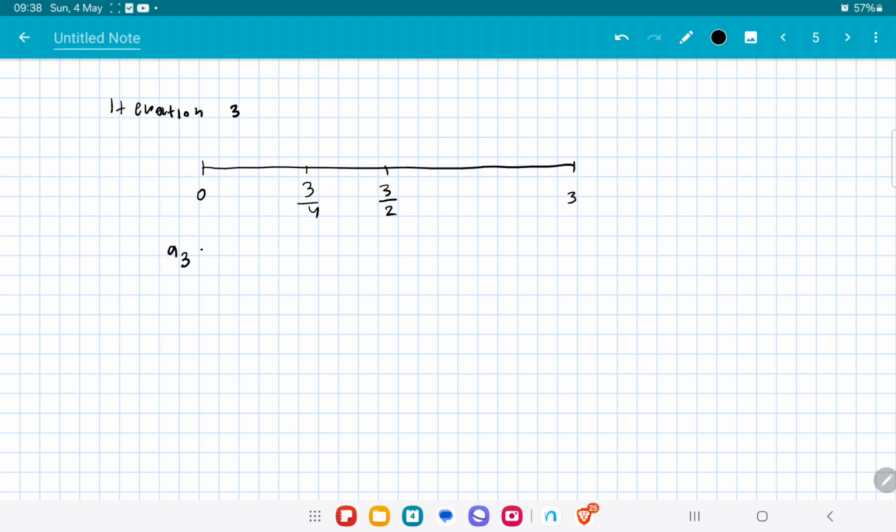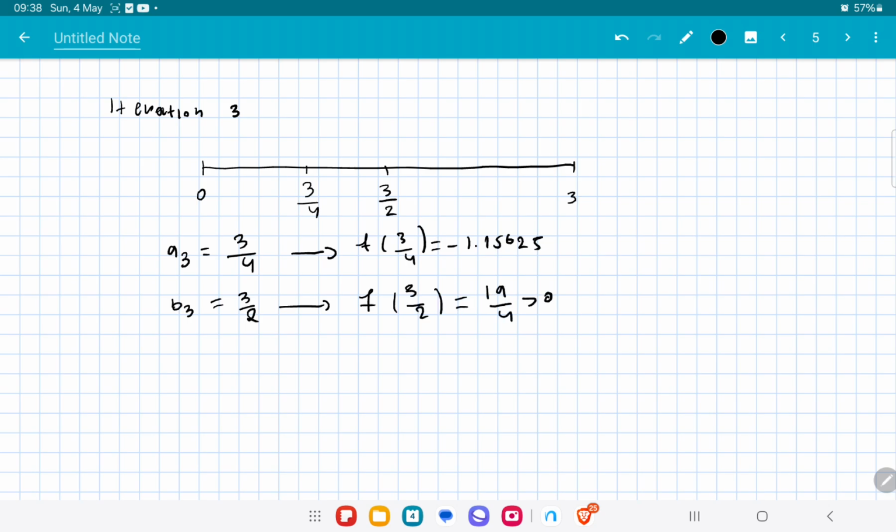My a3 is going to be 3/4, and my b3 is going to be 3/2. f(3/4) is -1.15625, and f(3/2) is 19/4. One is positive, one is negative, so we are good. When you evaluate at a_n and b_n, the values have to be of opposite signs.